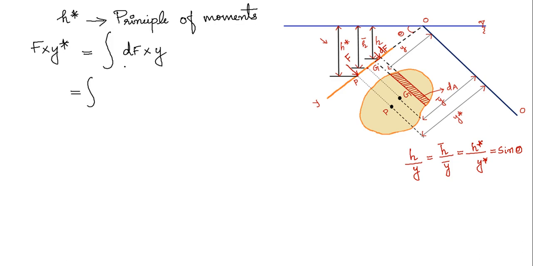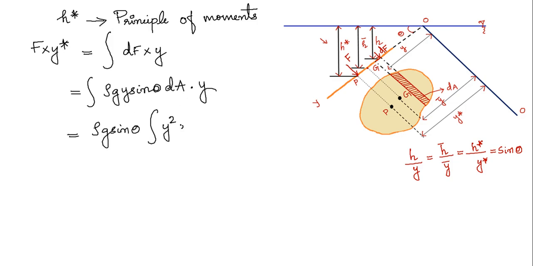Here we know that dF is equal to rho g y sin theta dA, and multiplying by y for the moment, here rho g sin theta is a constant. We get rho g sin theta into integral y square dA. Here integral y square dA is the second moment of area about the OO axis, which is equal to the moment of inertia of the plane surface about the OO axis.